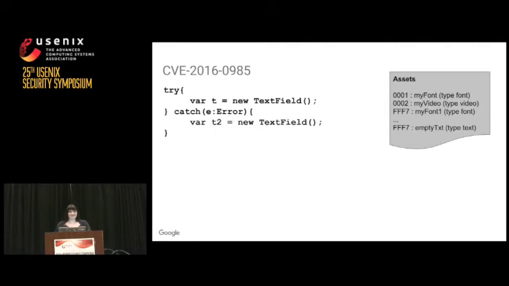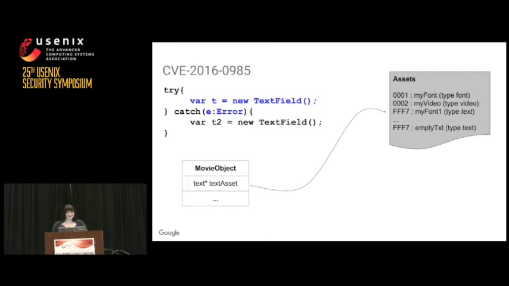So then what happens if you want to create a text field? Well, you create it, and then you create the object, and then it makes a pointer to this table. And at this point, this is actually OK, because you have the inline type. So it will detect this, and then it will throw the error, and then something weird it does is it will change the type to be of type text, and that's to prevent the error from spawning again and again as you shut down the player.